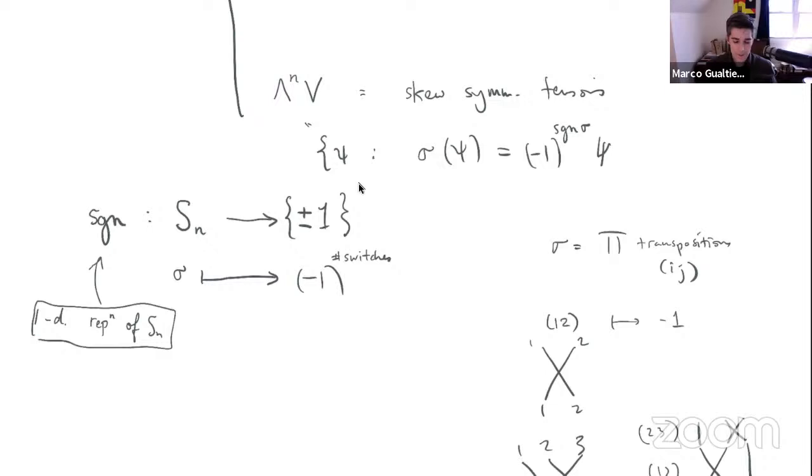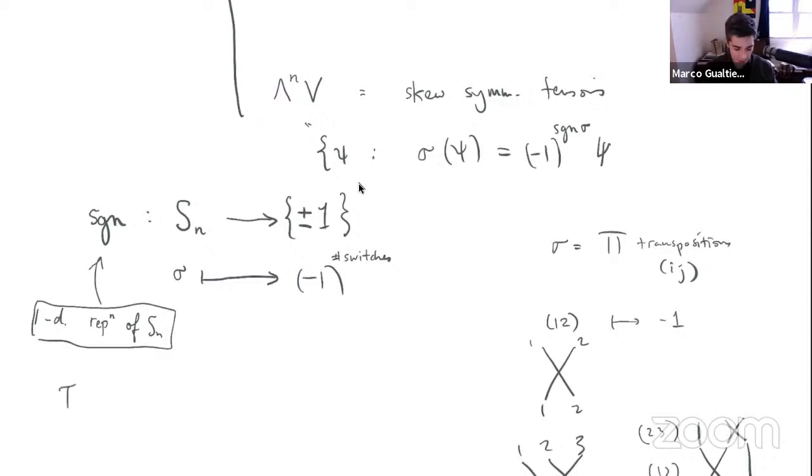And there's a theorem which I can't prove in this class, which says that the symmetric group has only two one-dimensional representations: this one and the trivial one.